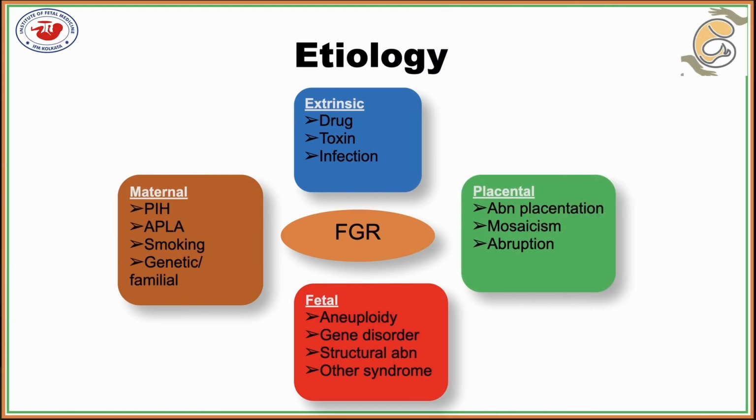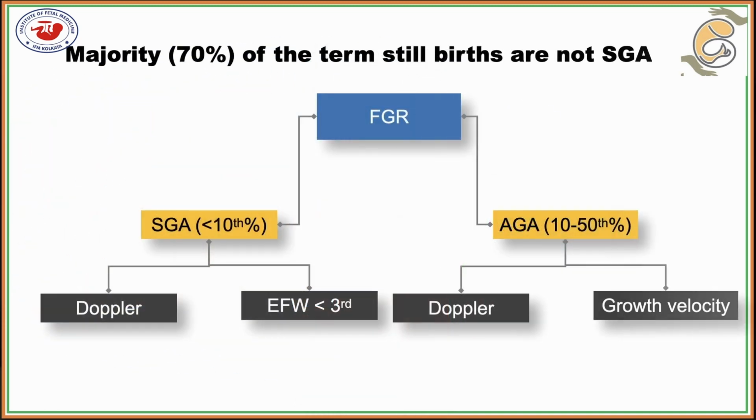Now, when we talk about FGR, there are a lot of causes which may contribute to FGR. I will not go through them; Ankur has already preluded to this in the last talk. The important thing to understand is that when we look at the FGR group, they may be small for gestational age, or they may even be appropriate for gestational age.